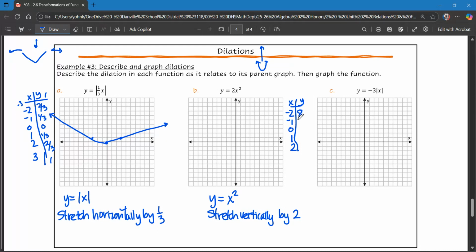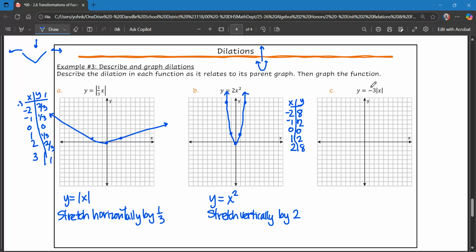Plug in -1, you get 2. Plug in 0 is 0, plug in 1 is 2, plug in 2 is 8. So we get this picture. When you connect it, look how skinny it is. It's twice as tall, and it almost looks half as wide.